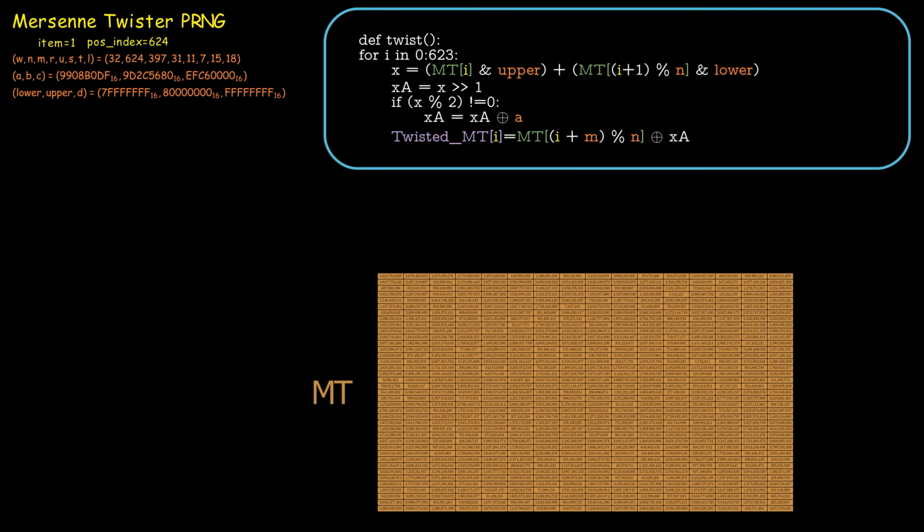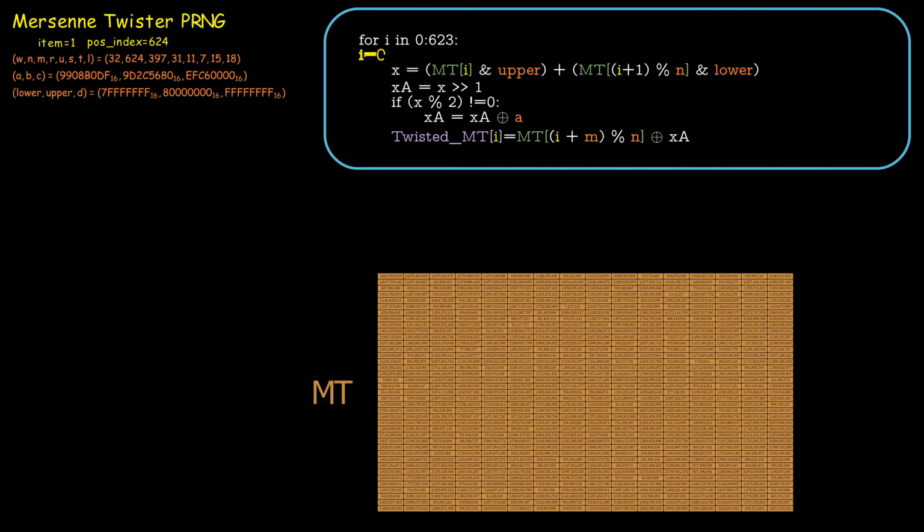And notice that at the end of each iteration of the loop, twisted MT of I is born. These twisted MT of I values are the values that will go into the new grid, the output of the twist operation. And don't worry if that twist set of operations above is a bit intimidating. That's what this video is here for, as in the next segment we will bring it to life.